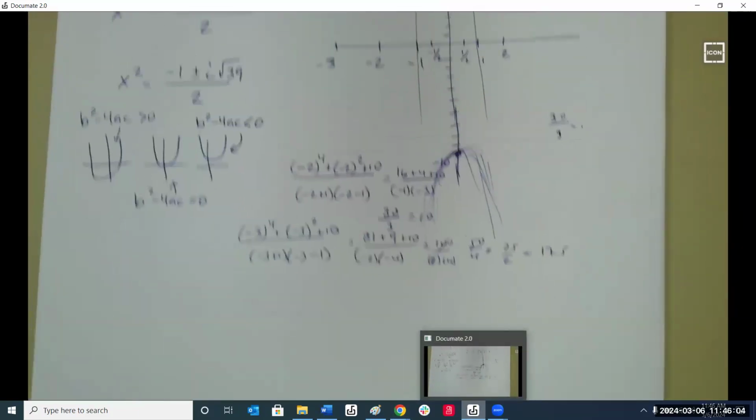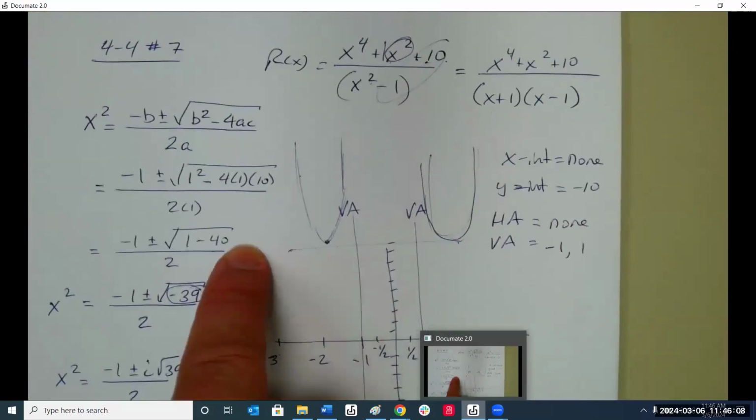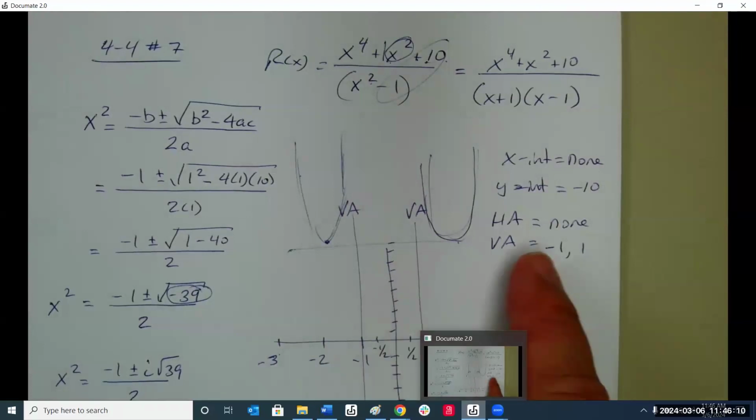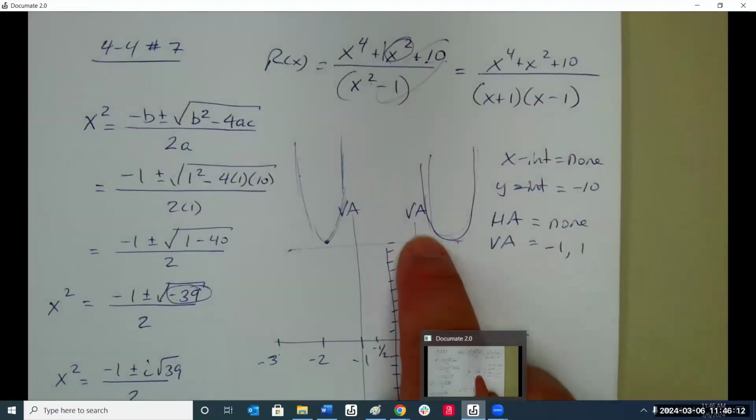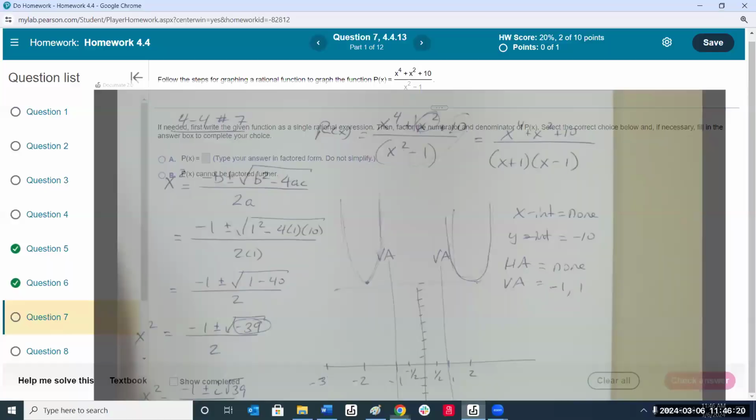But yeah, I just went through those numbers, and the farther we go out, the higher it goes, which means something's going to happen on this side. Let's look at this.